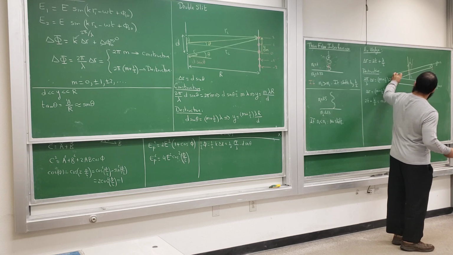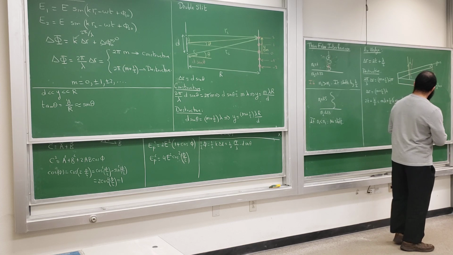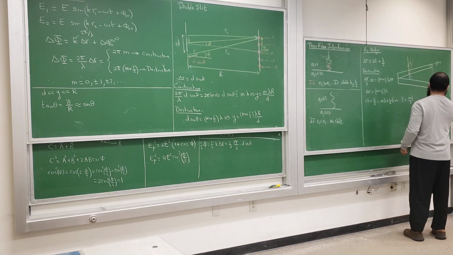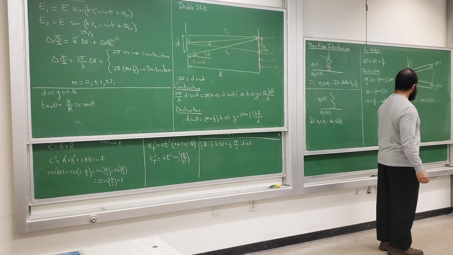It could approach 0, the point they touch. So it can be very small. It can approach 0. So m could be 0 or 1 or 2 and so on. Wait, is that h? M is not h.